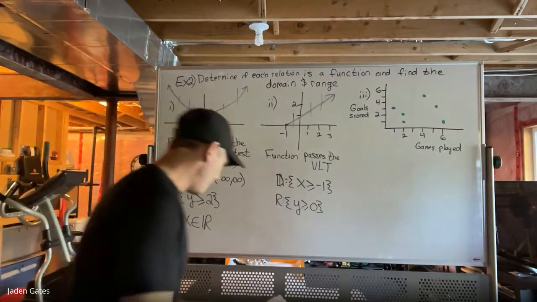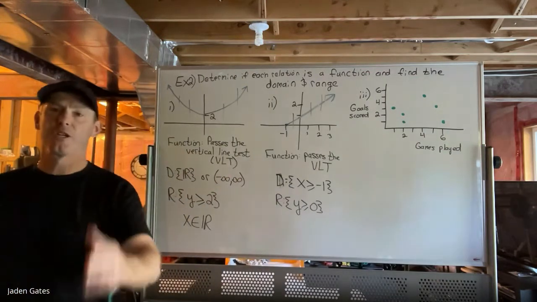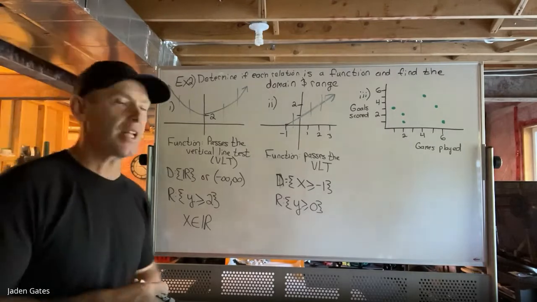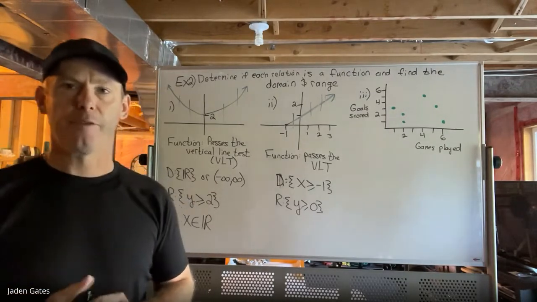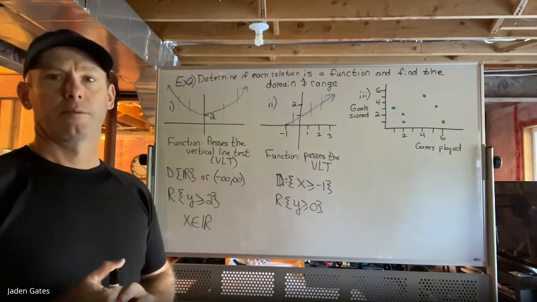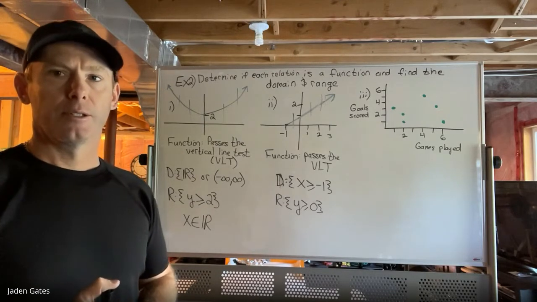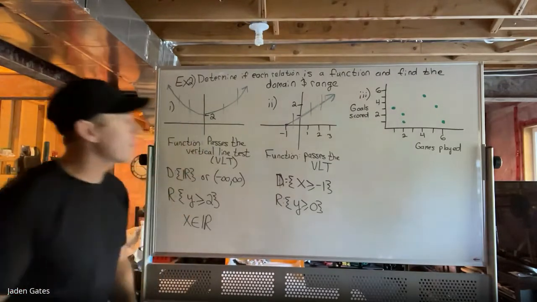All right. So what I'm looking at is, is this a relation? Is this relation a function? They're all relations because we can graph them. But is it a function? What do you think? Function or just a relation? And why? That's always key. Well, again, we're looking at, does it pass the vertical line test?